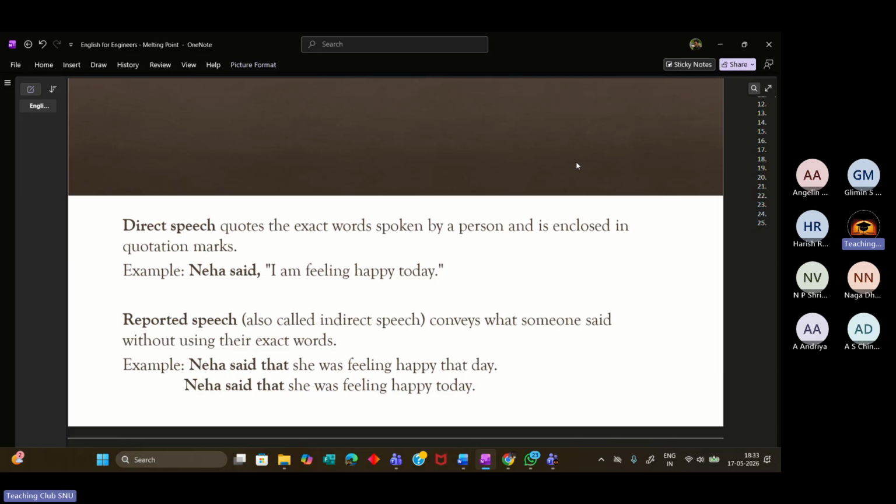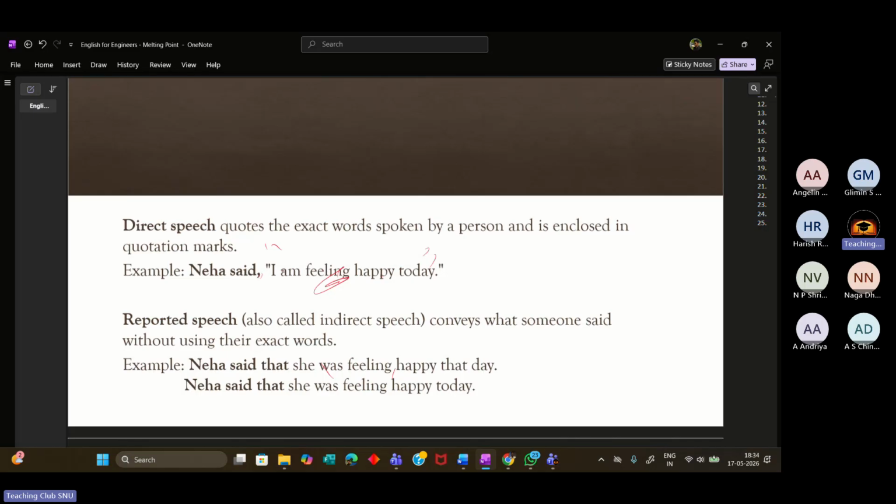But when you write it within quotes, it makes sense. So direct speech is the default way to express a speech or a conversation in written form.